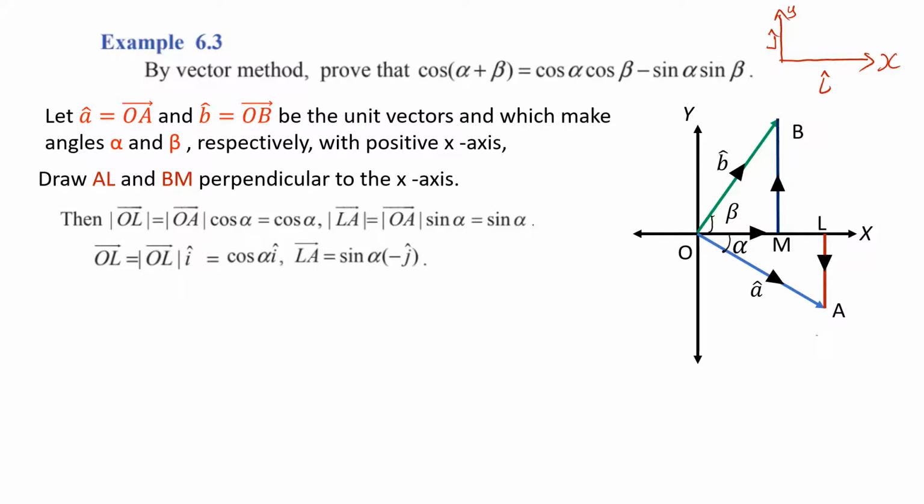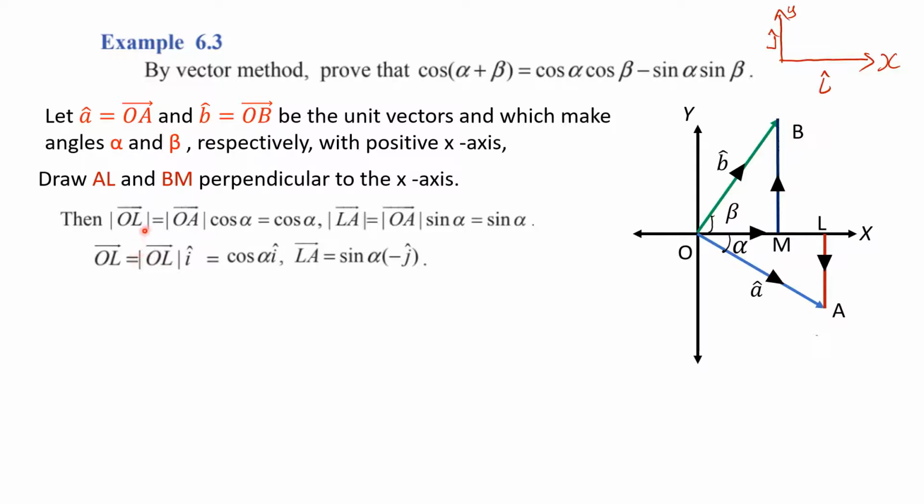So we can define the vector OL as magnitude of OL times i cap. All right. And we know that magnitude of OL is equal to cos alpha, because the magnitude of OA is magnitude of A cap, which is 1, because it's a unit vector.